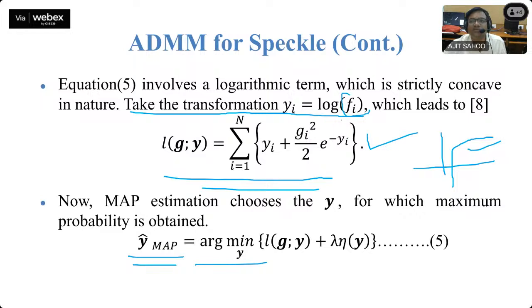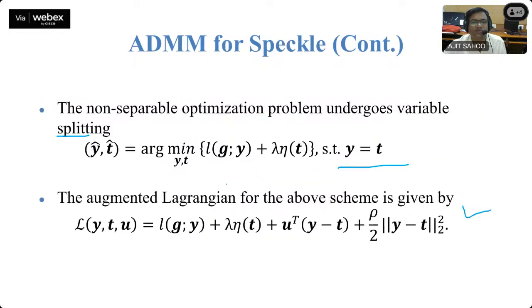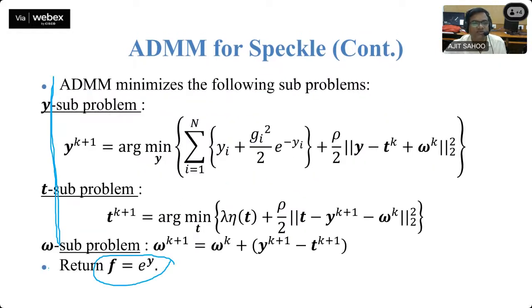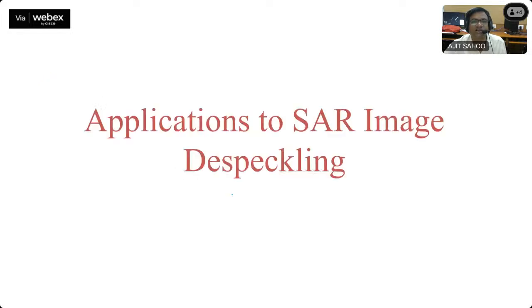To get f_i, you take f_i equal to e to the power y. So this is the ADMM approach. We have used this approach for synthetic aperture radar image despeckling, because SAR images are very prone to speckle noise, so we can use this method for SAR image despeckling.